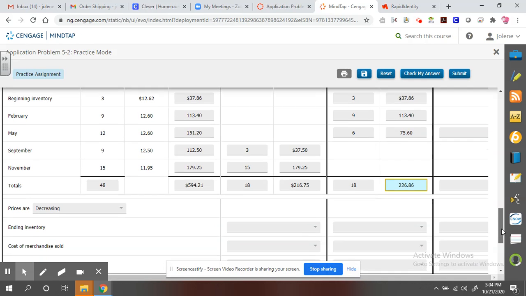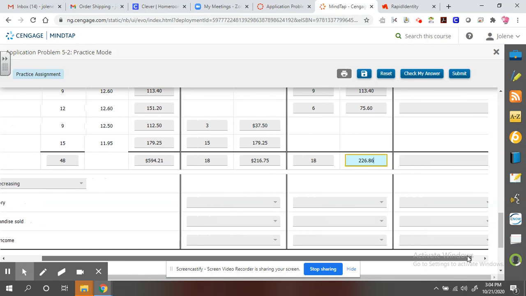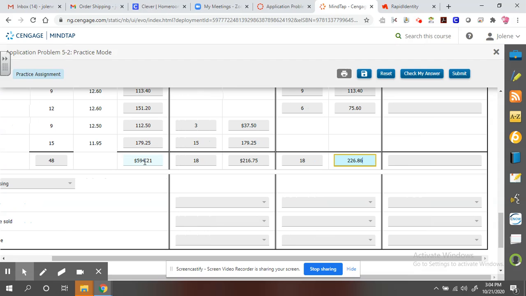Now, you know that we have to go here and get this average. So total cost divided by total inventory. And the average price is $12.38.